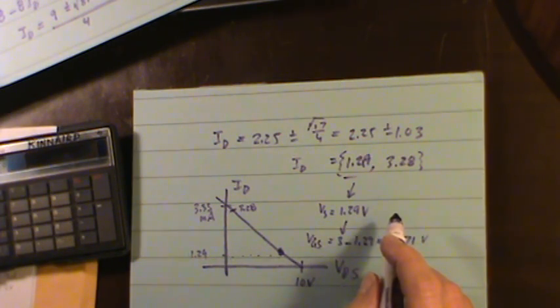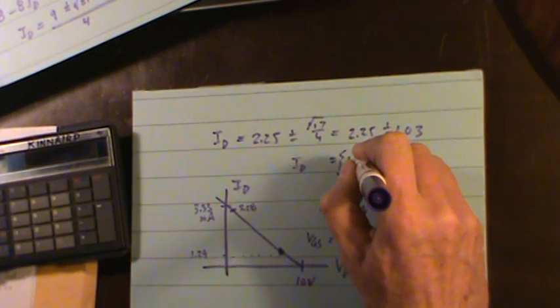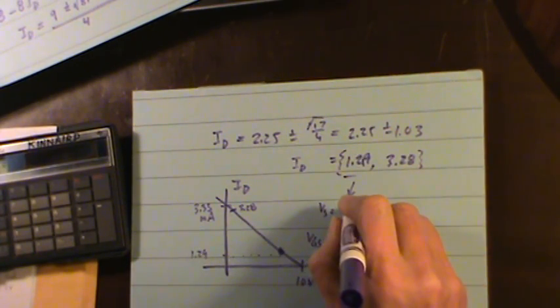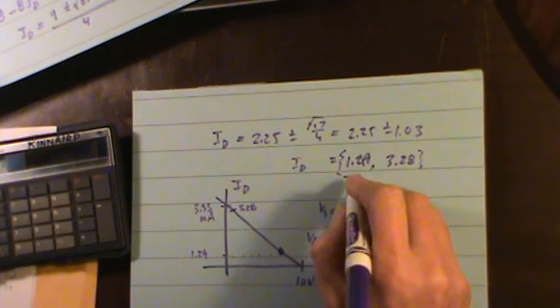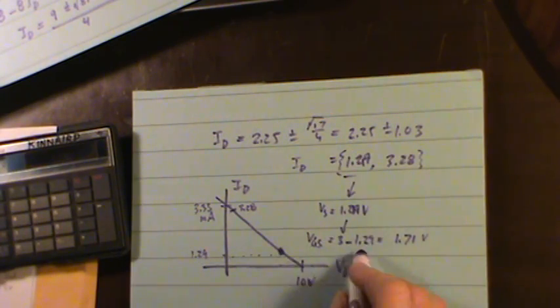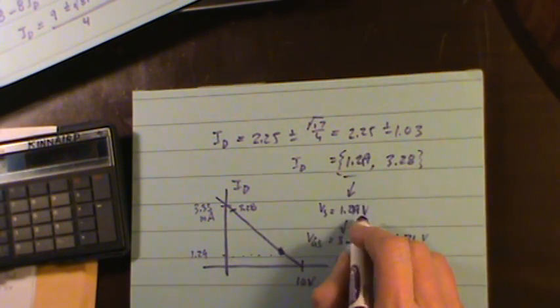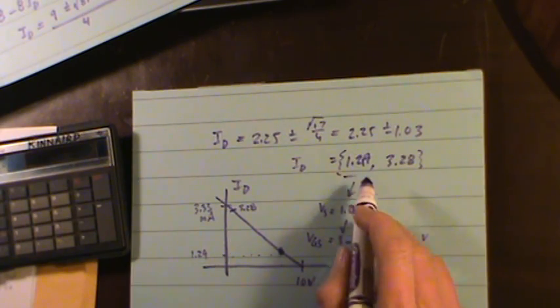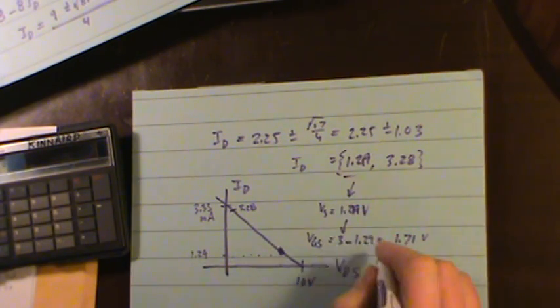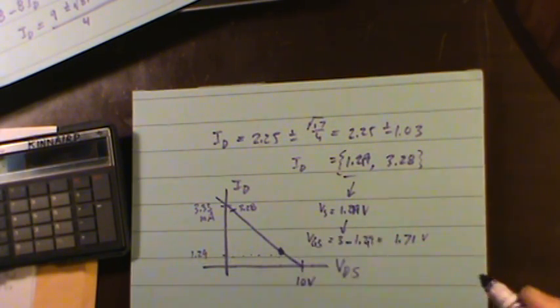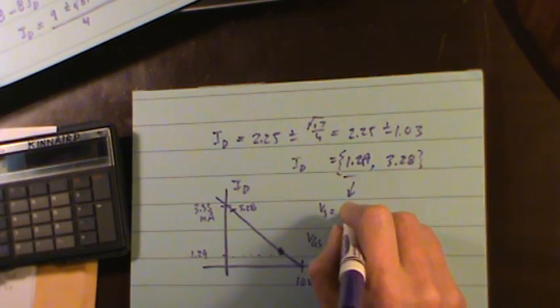Slightly different answer. Oh, that's why. I'm sorry, that's 1.19. Remember, I've got that 1 in there, so it wouldn't be 1.29. It would be 1.219 volts. Sorry.